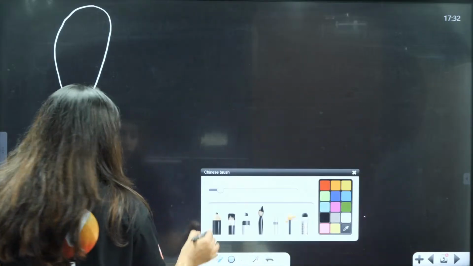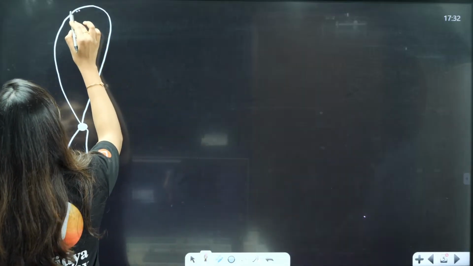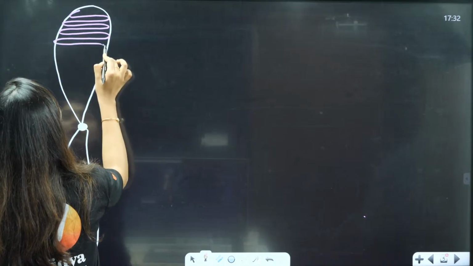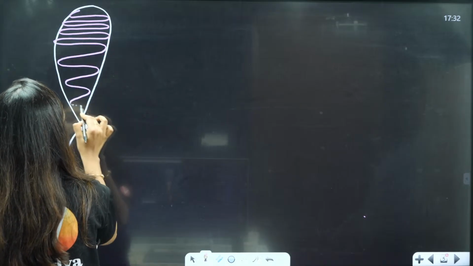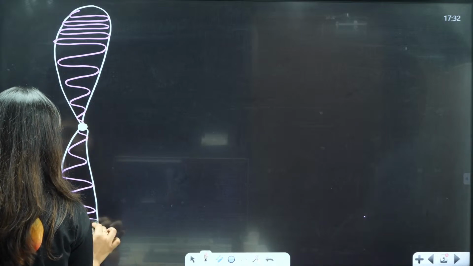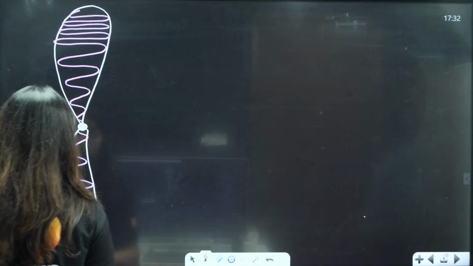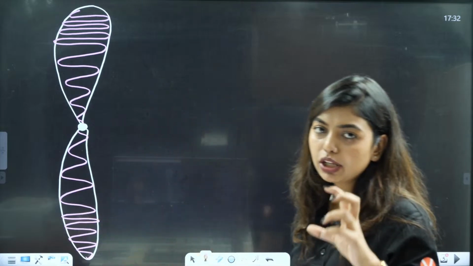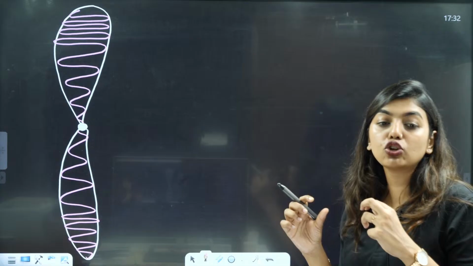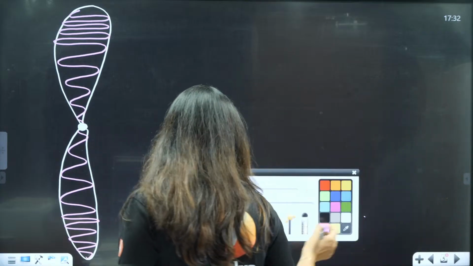I'll show you in a diagram, you will understand. So this is densely packed, this is loosely packed, again loosely packed, densely packed. So in a chromosome, there can be chromatin which is densely packed or loosely packed.